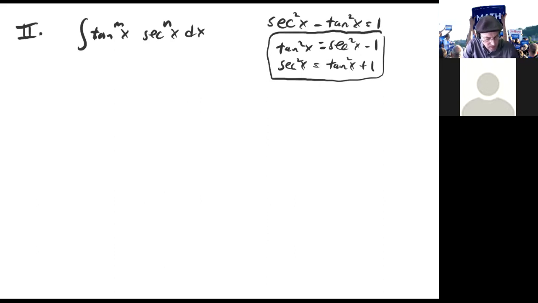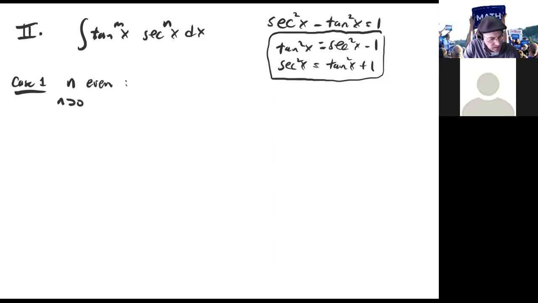So let's consider case 1, where n is even. So how do we deal with that? The idea when n is even is you go to the factor where n is even, that's the secant x to the power of n, and I'm going to require n to be bigger than 0 here.